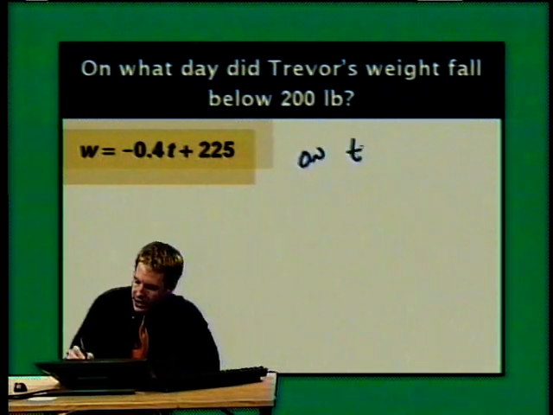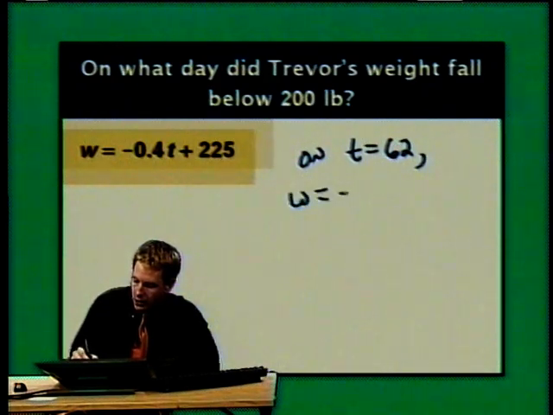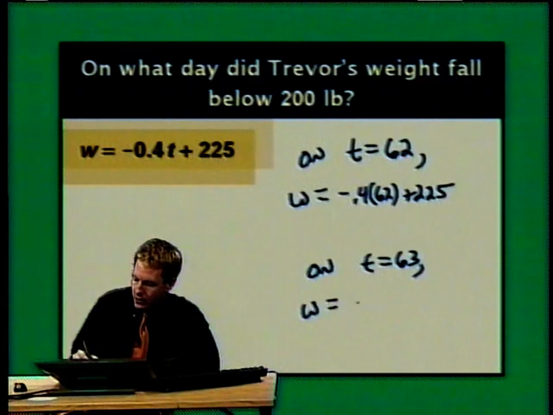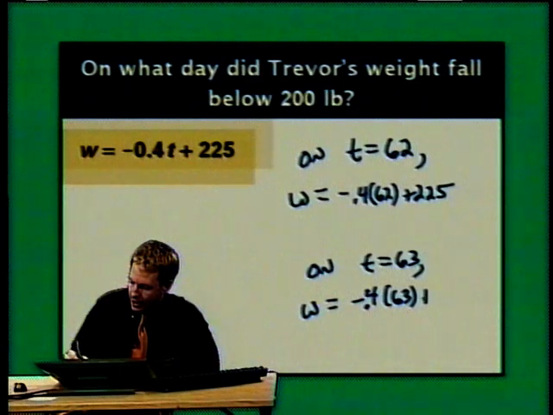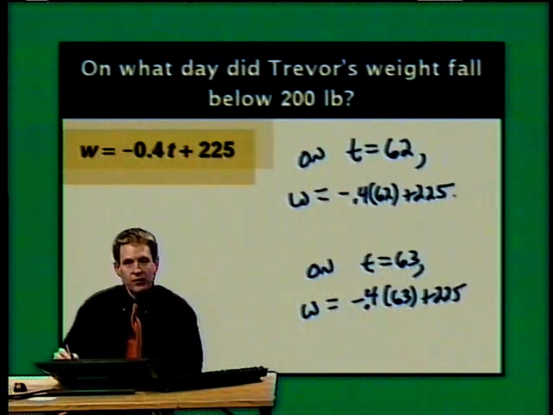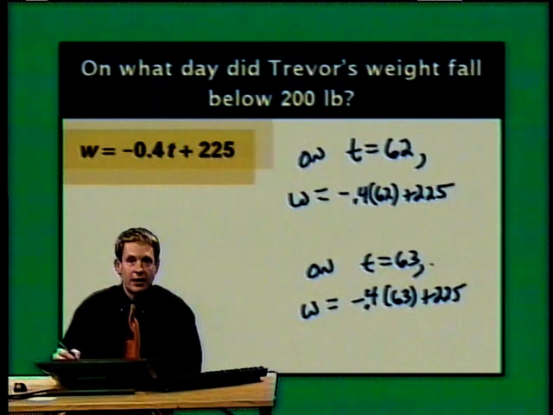On t equals 62, w equals negative 0.4 times 62 plus 225. And on t equals 63, w equals negative 0.4 times 63 plus 225. Let's show that the first weight is over 200 pounds and that the second weight is less than 200 pounds.